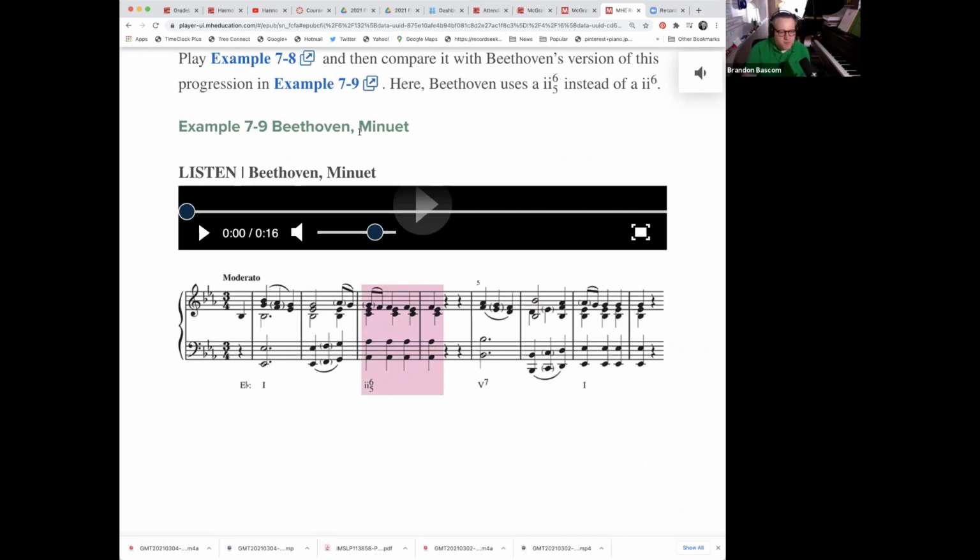Measure 1. What is our non-chord tone in the right hand? In the treble clef, what is our NCT? You gotta say in the right hand. I believe it's the F and the A. It is the F and the A as marked in parentheses, but what kind is it?